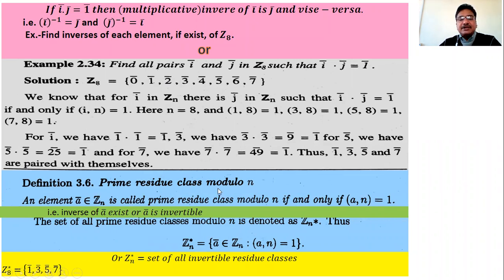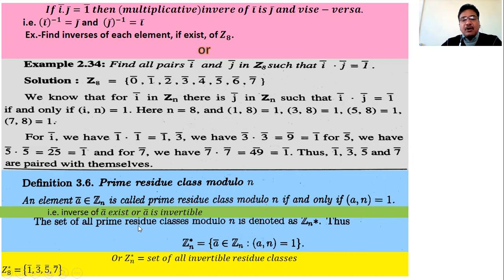And then prime residue class modulo n. What is the definition? An element a bar in Zn is called a prime residue class modulo n if and only if the greatest common divisor of a and n is 1. That is, the inverse of a bar exists, or a bar is invertible. One and the same. If a bar inverse exists, then we say that a bar is a prime residue class modulo n.